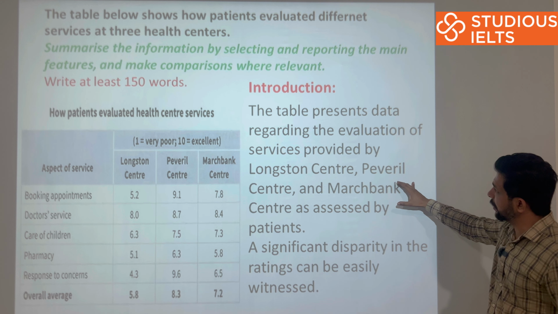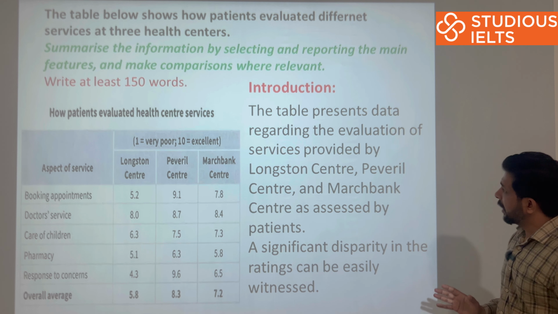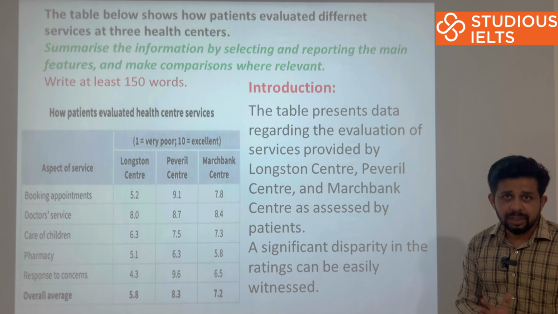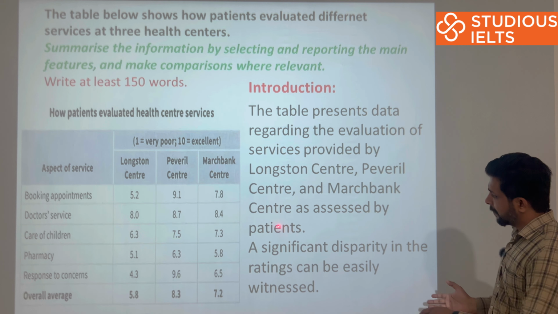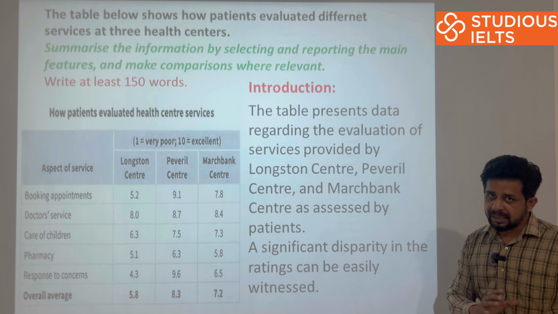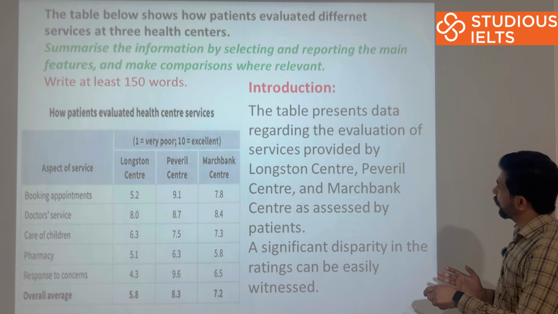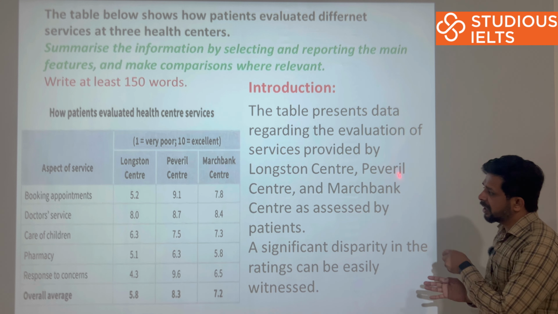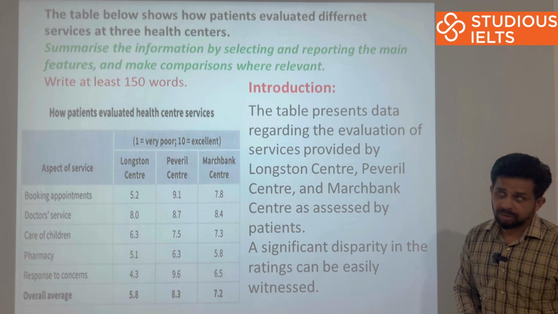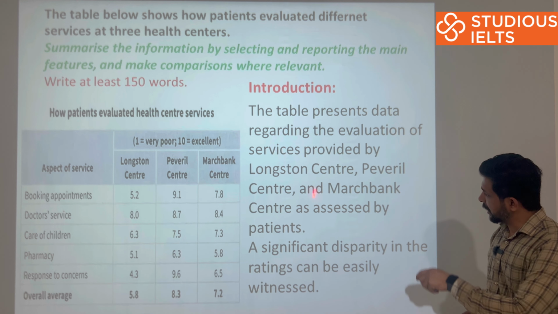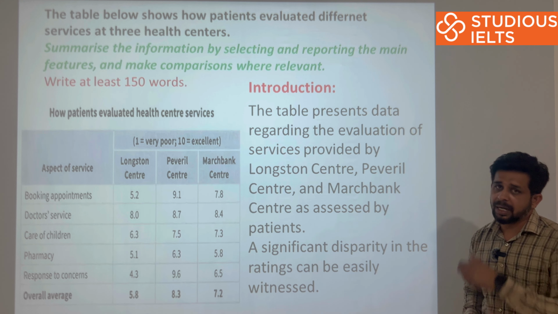All keywords have been included in it. First of all, it is about the assessment ratings provided by the patients, and it is the assessment of different services that have been provided by these 3 centers to the people. So everything from the question has been covered in this paraphrased part.